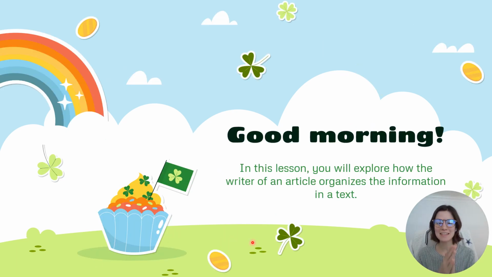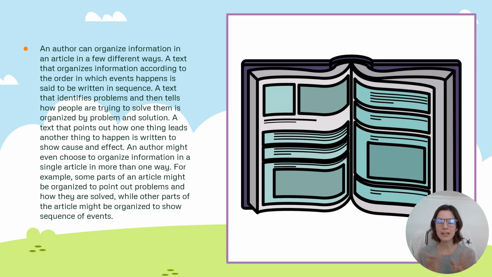So good morning. In this lesson, you will explore how the writer of an article organizes the information in a text. An author can organize information in an article in a few different ways. A text that organizes information according to the order in which events happen is said to be written in sequence, or in order of events.